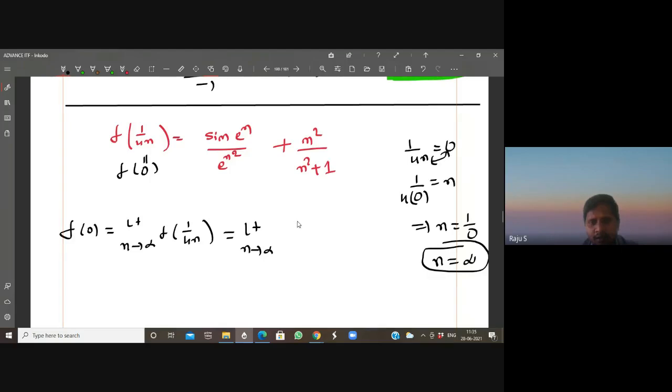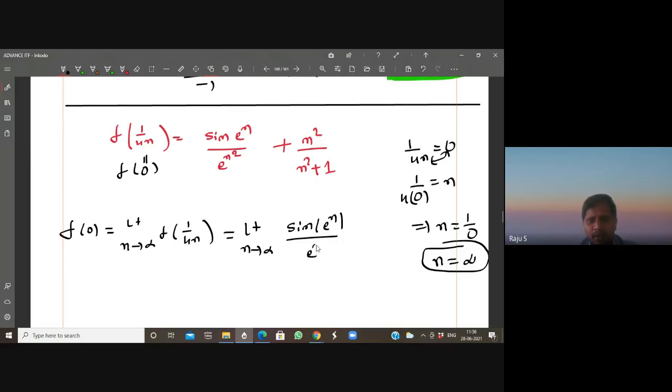Sin e power n, e power n square. How shall we write that e power n square?